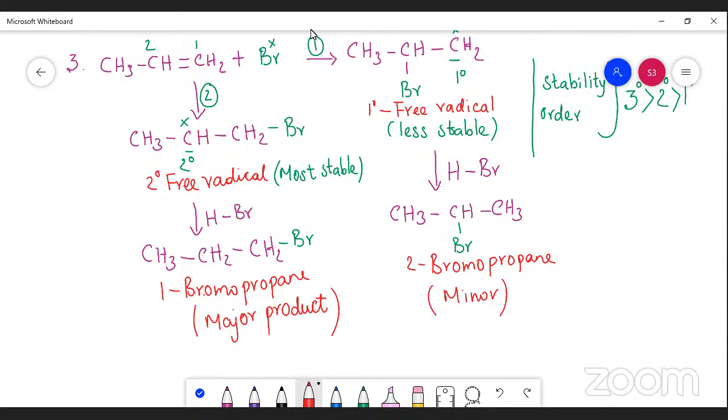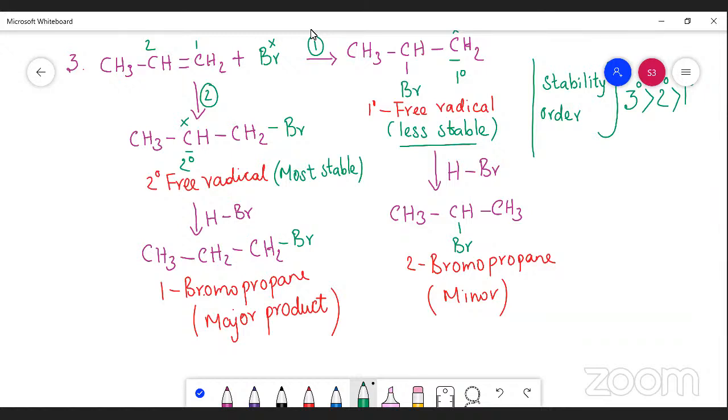Because it comes from the less stable free radical. That is, the primary free radical is less stable. So in the presence of peroxide, we get 1-bromopropane as the major product.